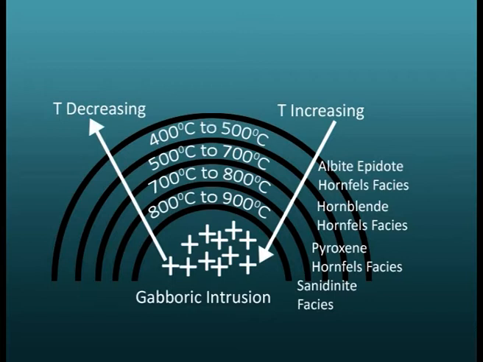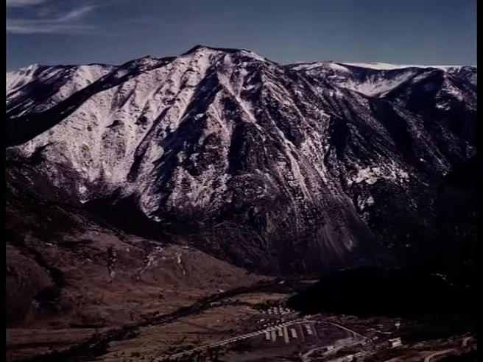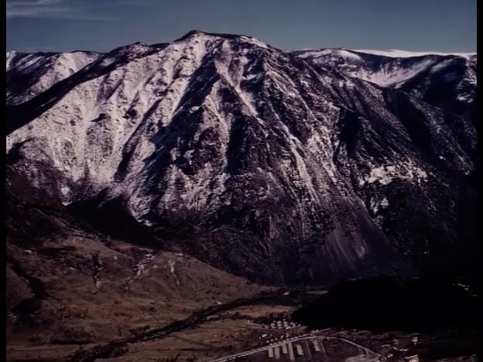In some aureoles, they are seen to pass inward with increasing grade into the rocks of pyroxene Hornfels facies, such as the classic low pressure Oslo aureoles, Goldschmidt 1911, and the high pressure zones adjacent to the major basic plutons, such as those of the Bushveld and Stillwater complexes.